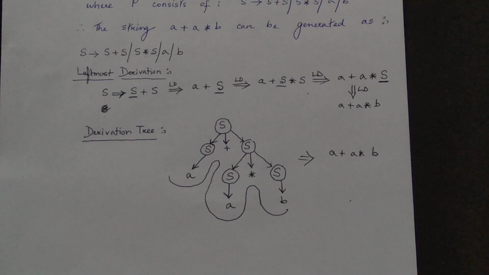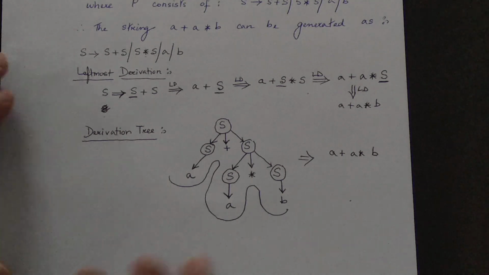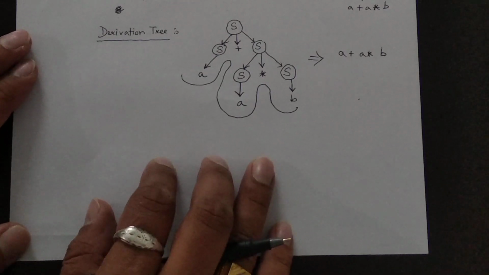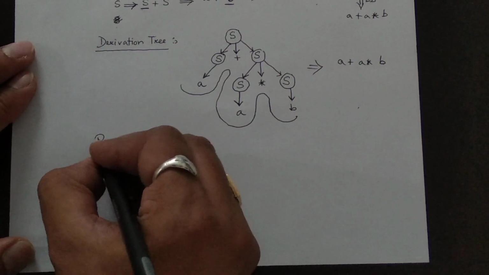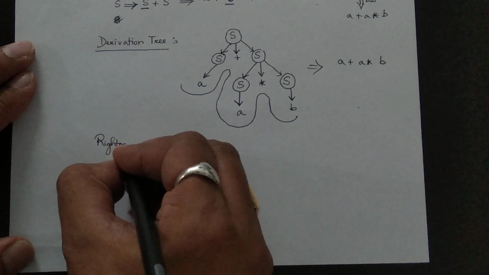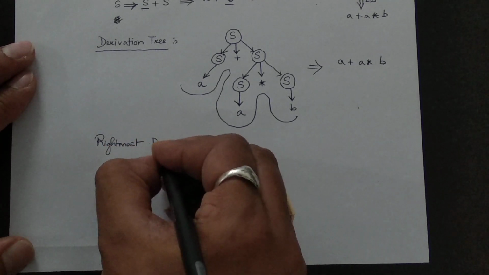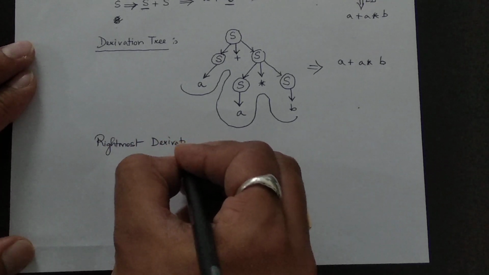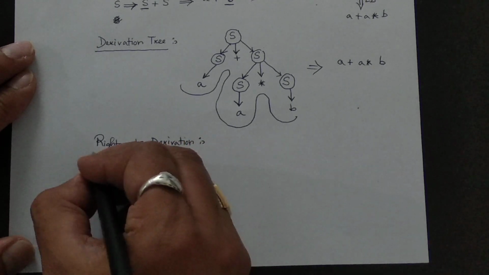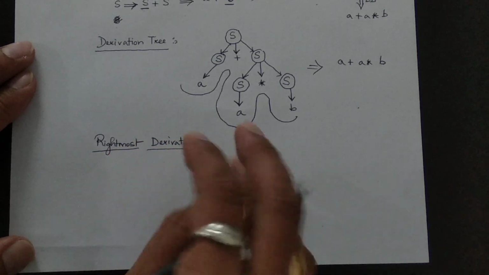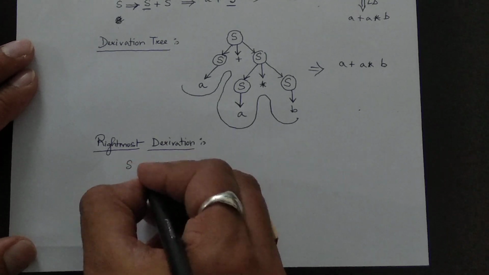Now what I'm going to do with the ambiguous grammar is check the rightmost derivation. How? The same process, rightmost derivation. So in rightmost derivation, S implies.